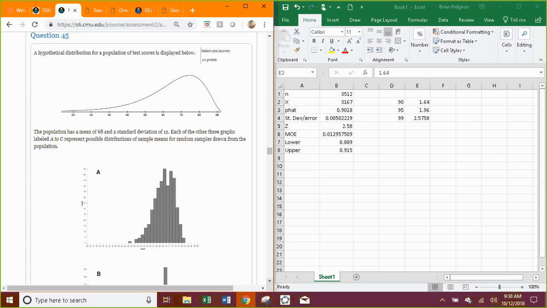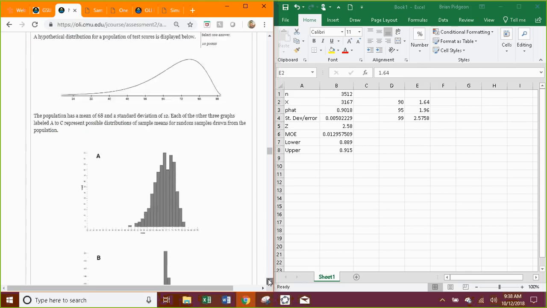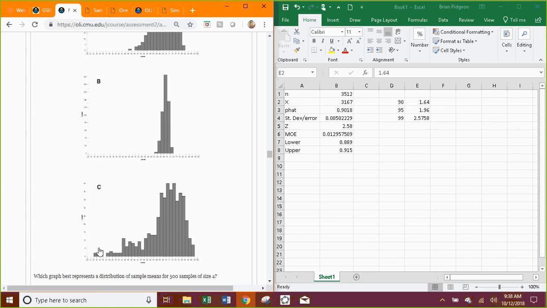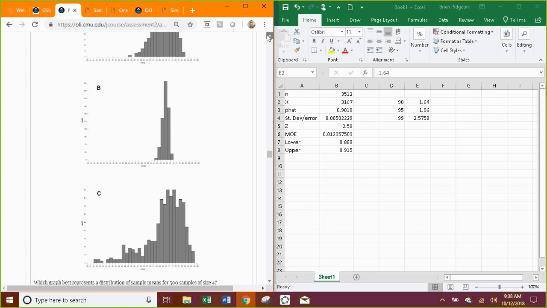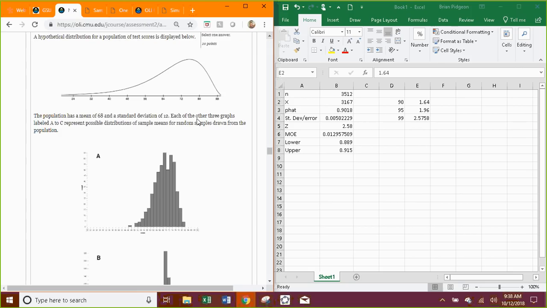Well, because we're doing a sampling distribution, we automatically have lower variability than the population. So if you look at this third histogram here, that looks just like the population.